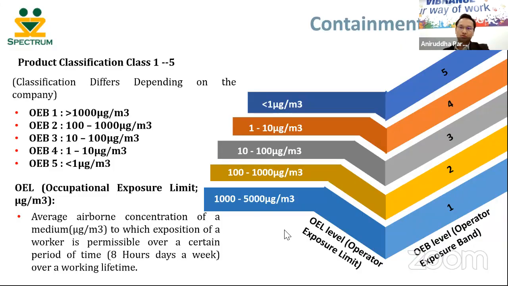So we try to look through the entire list of products that the customer envisages to make, and then we apply the containment strategy, band out the different steps of manufacturing, and then arrive at the OEB band.